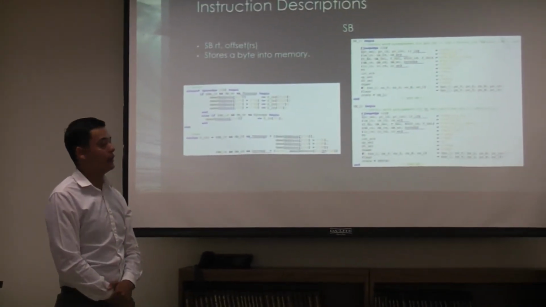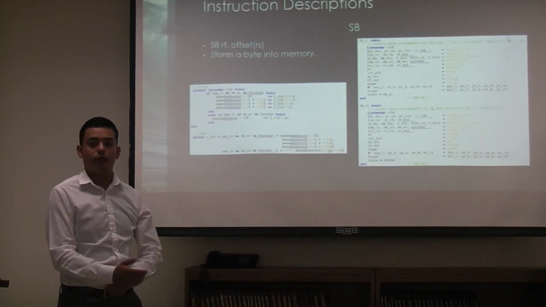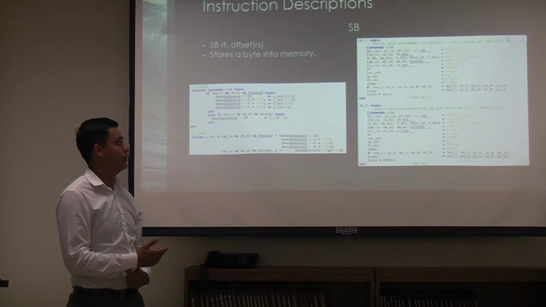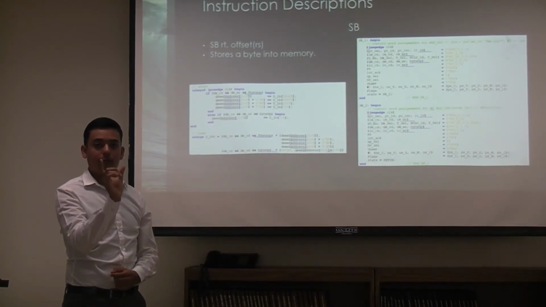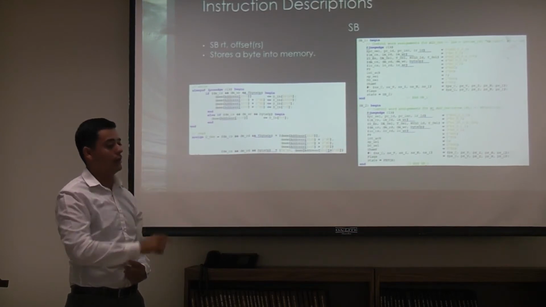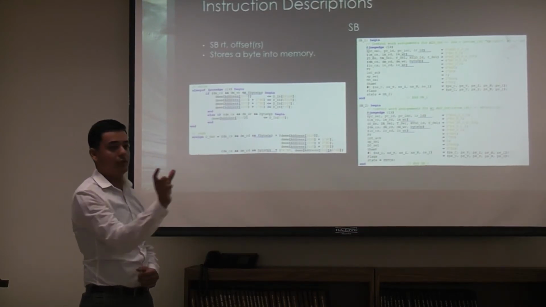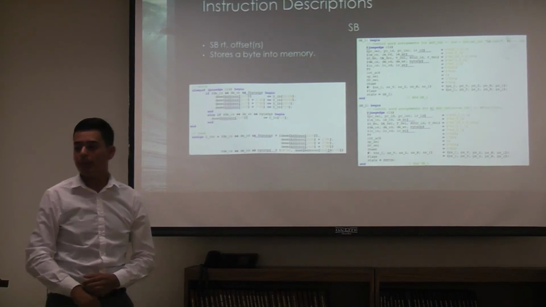And the reason we did that was because we're using Big Endian. The least significant byte is being saved into the most significant location as Big Endian.